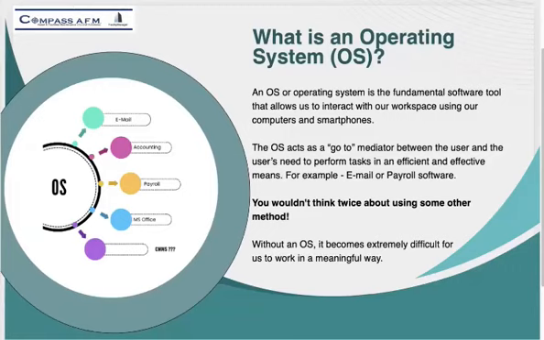So what is an operating system? A lot of people have asked me what this event is really about. We all have different software that we're using in our organizations, and some are our go-to software, such as your email in the morning. Like me, and like most people, that's normally the first application we open in the morning.